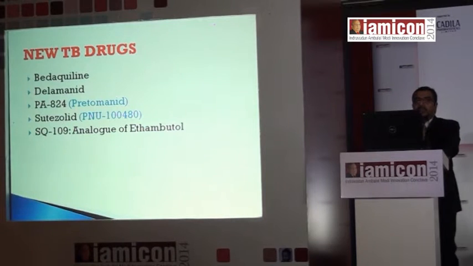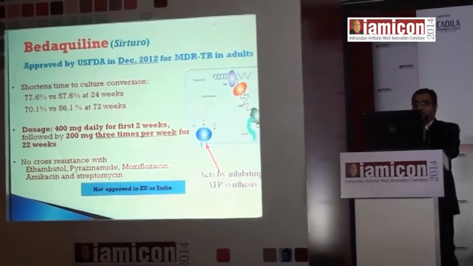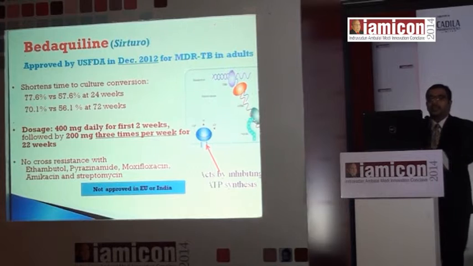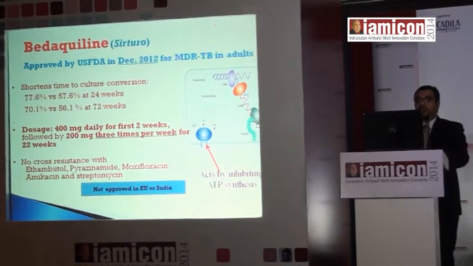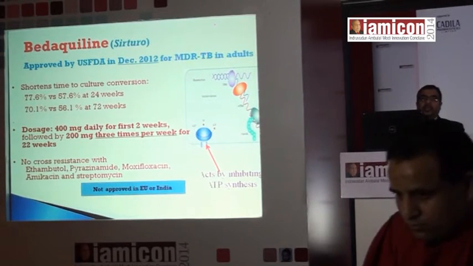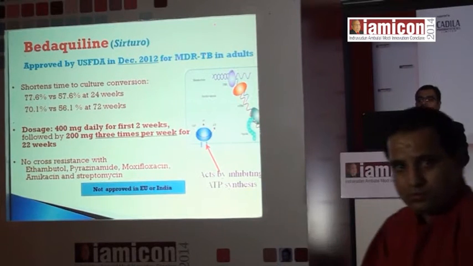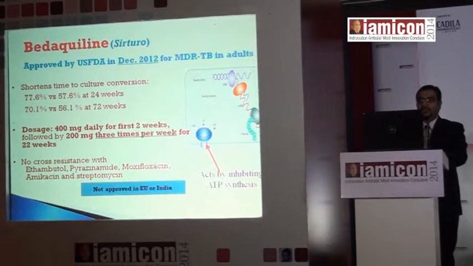Some few drugs were introduced for treatment of MDR or XDR tuberculosis: bedaquiline, delamanid, pretomanid, sutezolid, or SQ109. Bedaquiline is marketed by the name Sirturo. It took almost 40 years for the development of this drug.